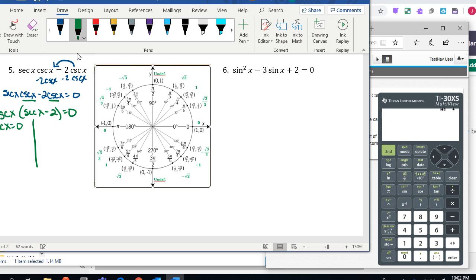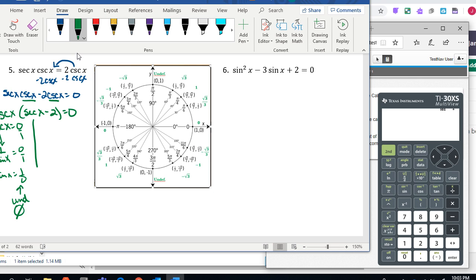Cosecant x equals 0. And guys, this is the same as it being over 1. The reason I'm doing this is because any of these cofunctions have to be turned into fractions. 1 over sine x is the same as cosecant equals 0 over 1. So that means sine x equals 1 over 0. Guys, that's undefined. So there's no solution here.